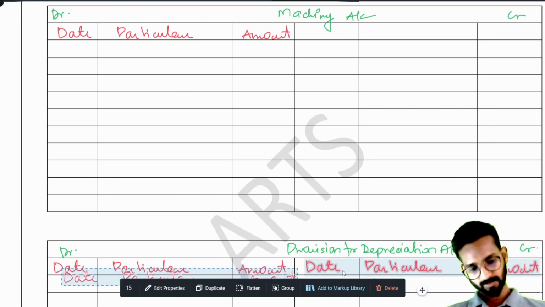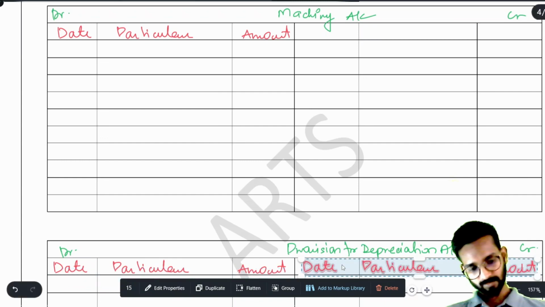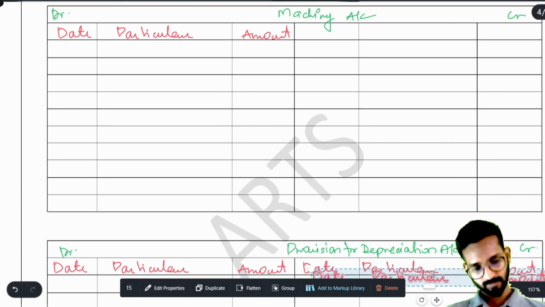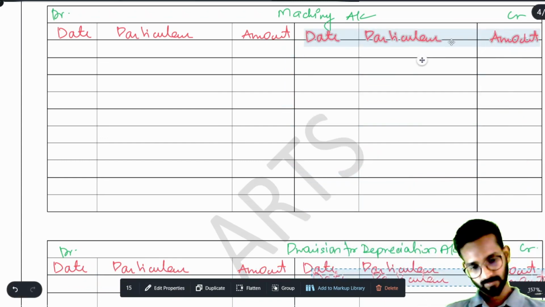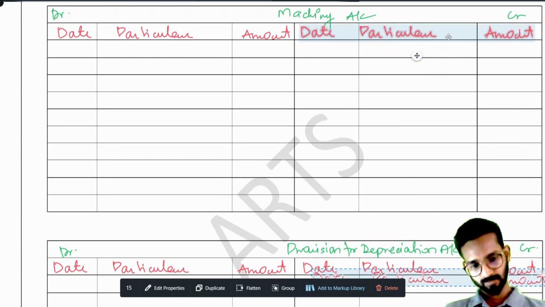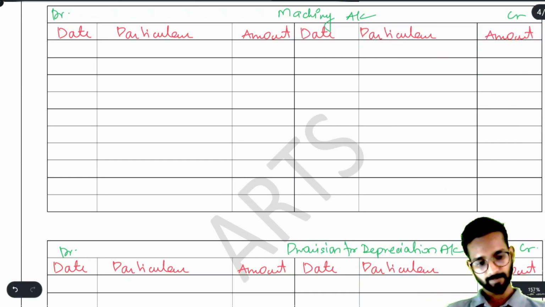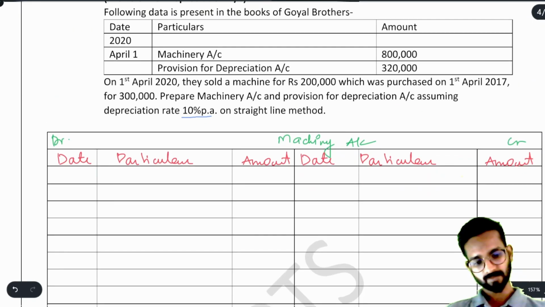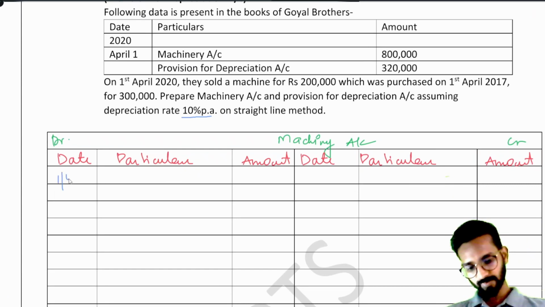Here also the same thing. Now if we are preparing the account, opening balance of machine was how much? 8 lakh rupees. So opening balance will come here, 1st April 2020 to balance brought down, amount is 8 lakh rupees.